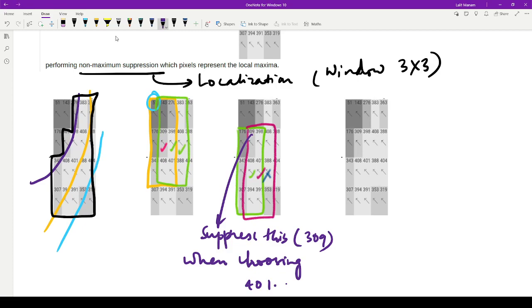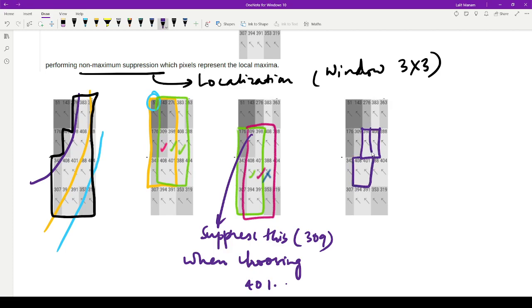So what does it lead to? Our final set of points: 398 is included, 408 is included, and the below ones are included too, 418 and 401.